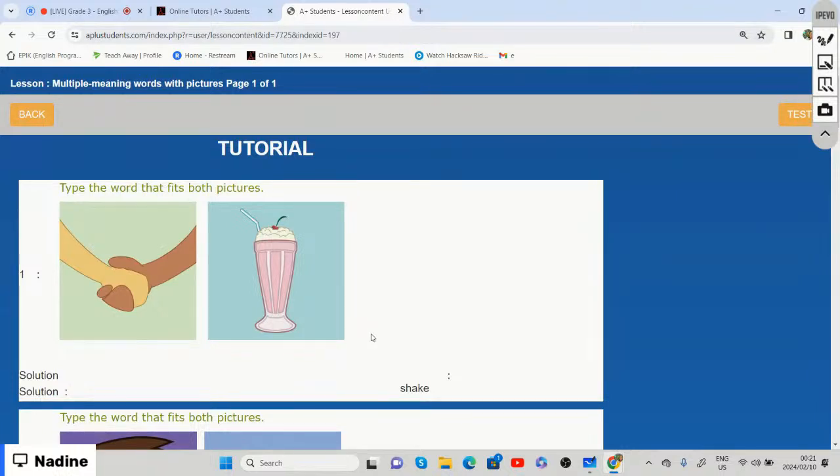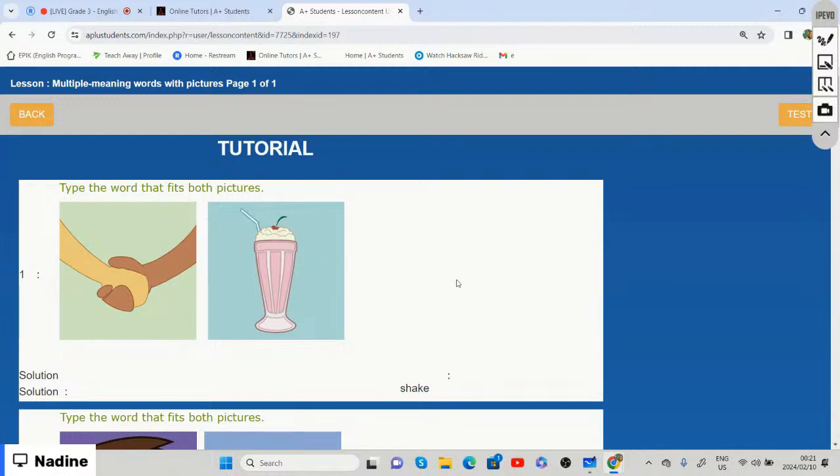All right, so if we look at these two pictures, right? The first picture is where two people are shaking hands. And then we have a milkshake.